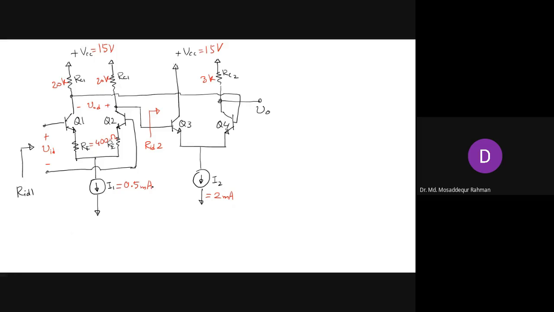That is so that we have a high value for the emitter resistance, which will contribute to high input resistance. And we have taken a bit higher value for I2, 2 milliampere, so that it gives us high gain.